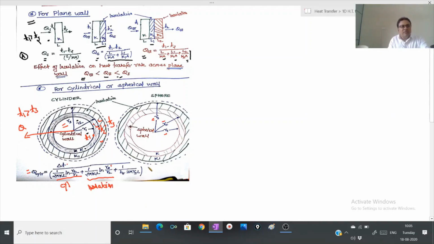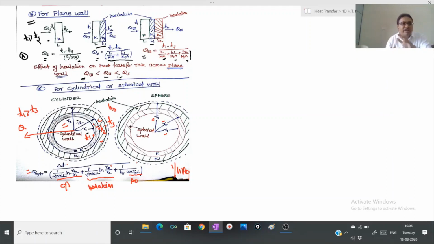And the final thermal resistance is offered by the surrounding fluid at the outer surface, and it is convective in nature, that is 1 over h_o A. It can be calculated by 1 over h_o, the heat transfer coefficient of the outer fluid, times the outer area of the cylindrical surface, 2 pi R3 L. So basically, 3 resistances come into the picture if we provide insulating material over a hollow cylindrical surface.